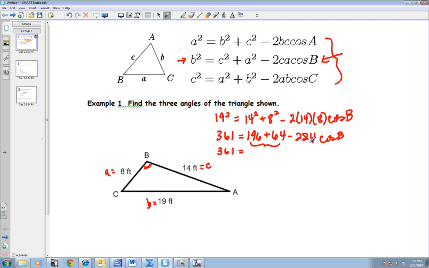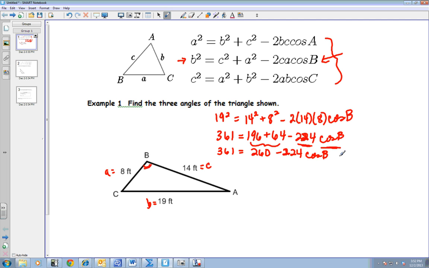I cannot subtract my 224 from that because this is attached to my cosine. So 196 plus 64 is 260 minus 224 times the cosine of angle B.